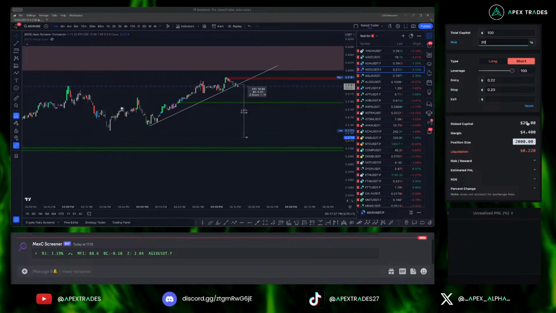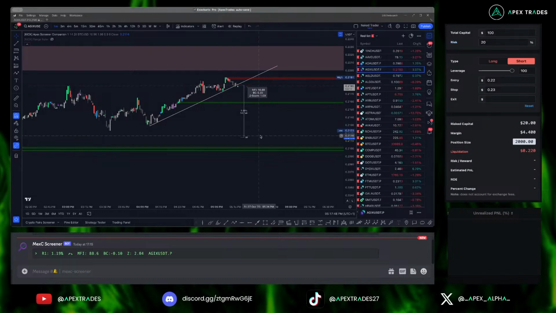So $20 risk, that's what I'm happy to risk on a $100 account. So it's 2,000 AGX that would give us that move. 0.23, that's about right. So that's the position size sorted. So when I'm on MEXC, I know exactly what I'm going in at.